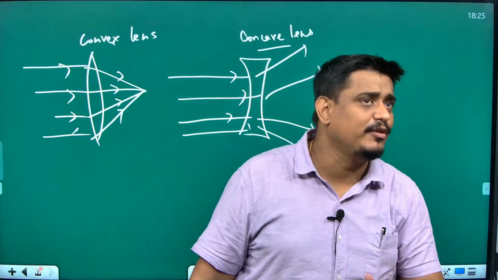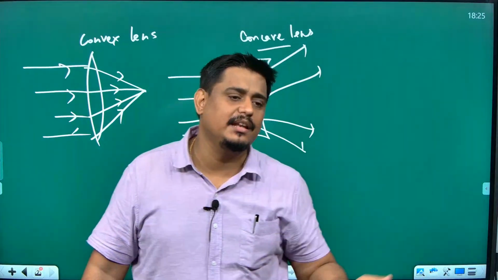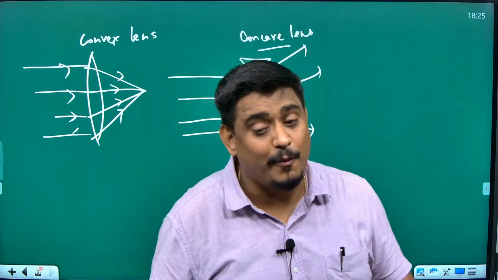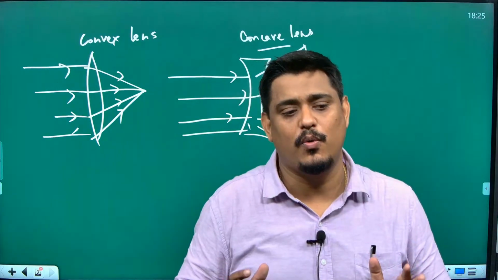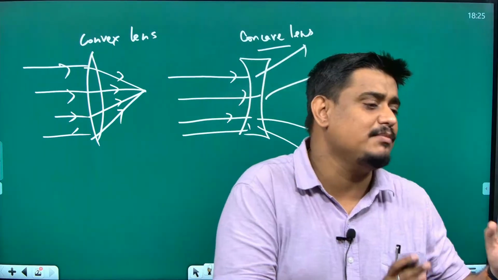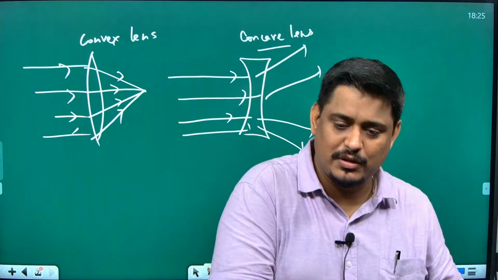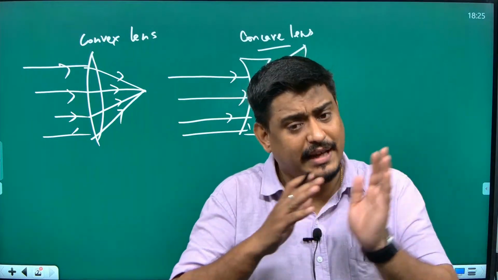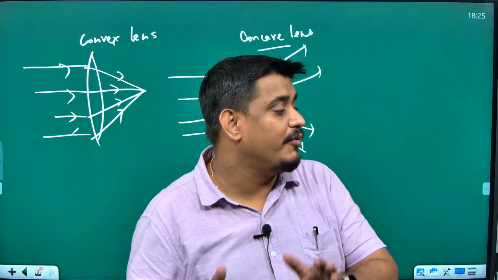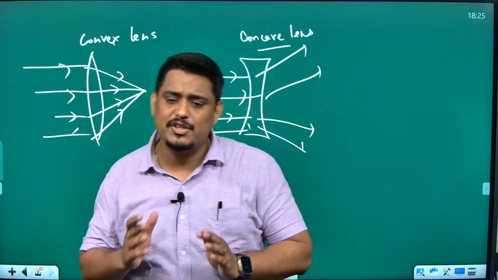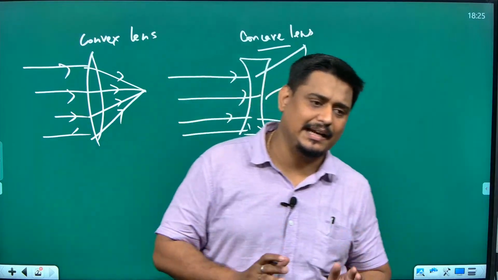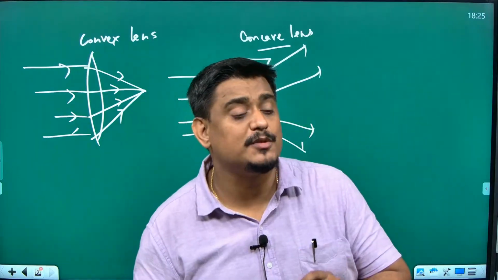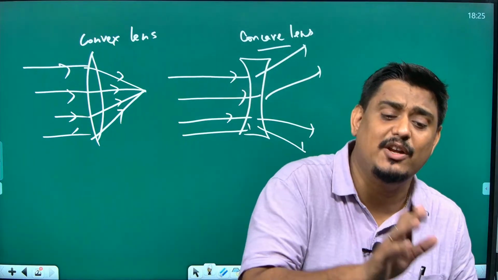Object at f, image at infinity, real, inverted, highly enlarged. Object between f and O, image on the same side of the lens, virtual, erect, enlarged. For a concave lens, on the other hand, wherever you keep the object, the image is always virtual, erect, diminished, and forms between O and F on the same side as the object.